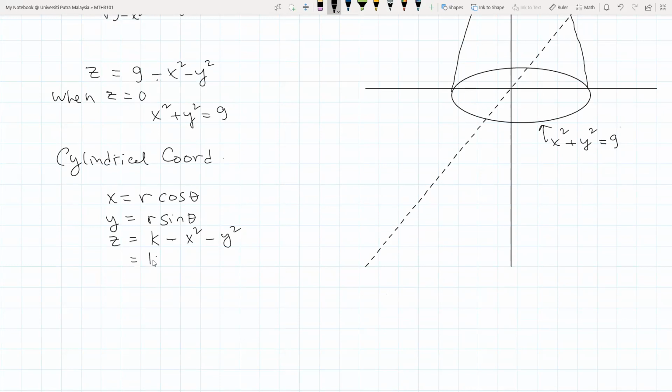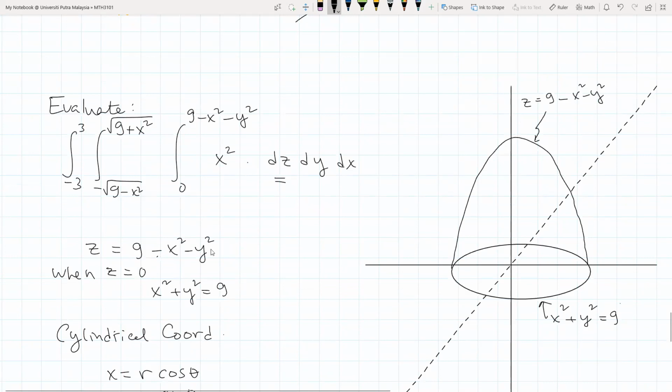So this is just k minus r squared cosine squared plus r squared sine squared, which is just k minus r squared. So k can be anything. So this is just the equation of this particular point.